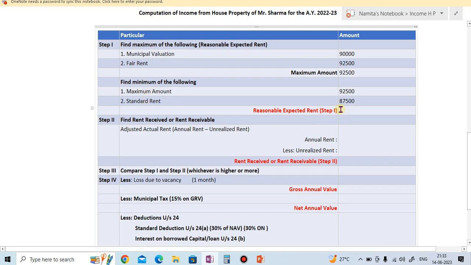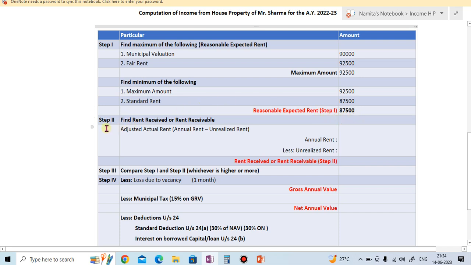Standard rent is 87,500. Of the two values, which is minimum? Minimum is standard rent, 87,500. So 87,500 is the reasonable expected rent. So this is step 1. We got RER. The RER value is 87,500. Clear?